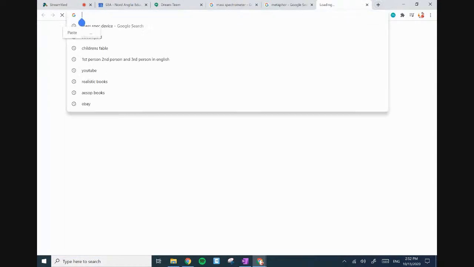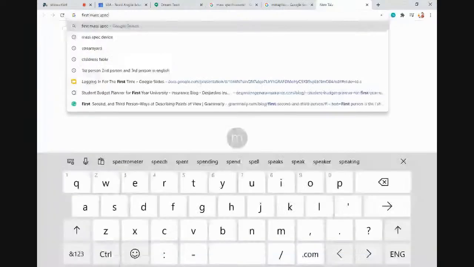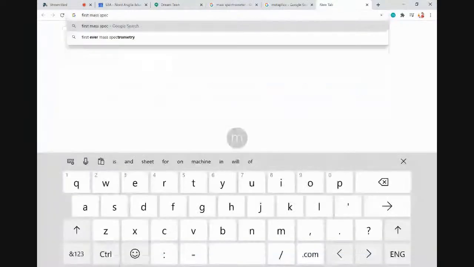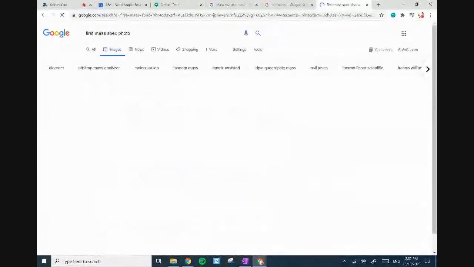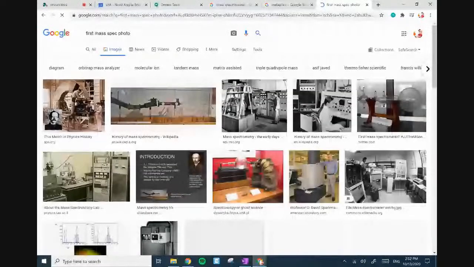First mass spec photo. That's not going to work, is it? Should do. 1921, I believe. Images. Oh, I can't remember who it was by either. Man, it's been a long time since I've looked at all these kind of things. Wow, look at the very Francis Aston.